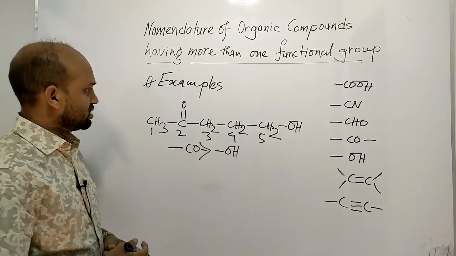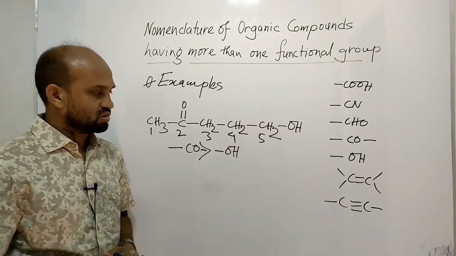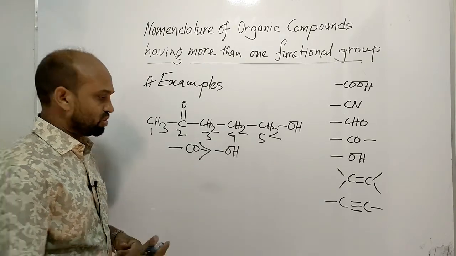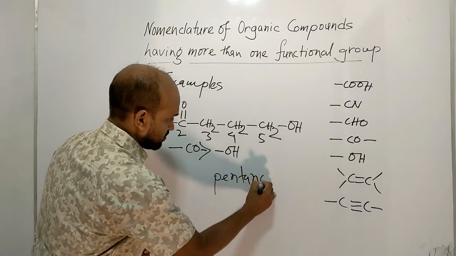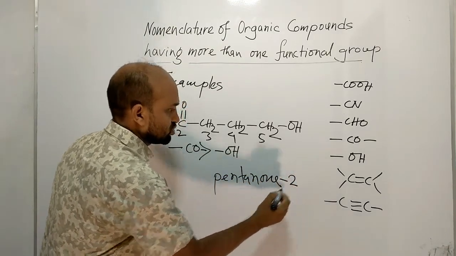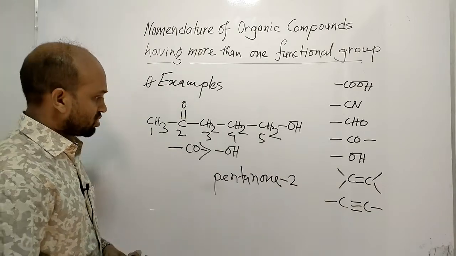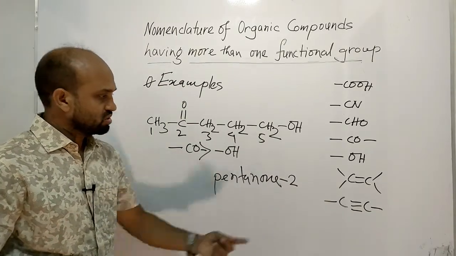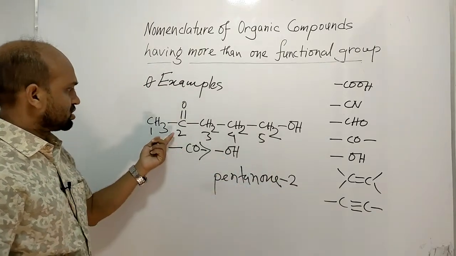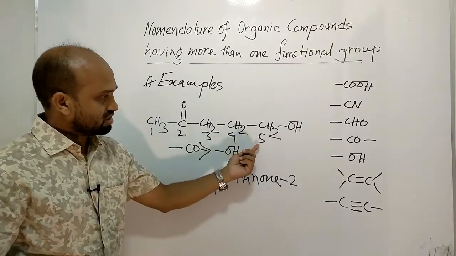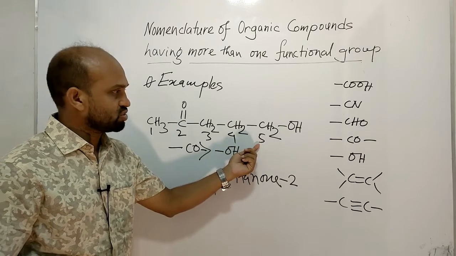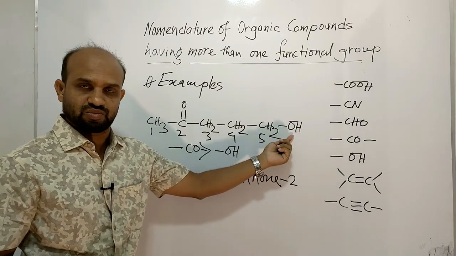So here, and it's a ketone, then the compound will be pentanone 2 or 2-pentanone. 2 because carbon 2 with ketonic group, and at carbon 5 there is a substituent, that is hydroxyl group.